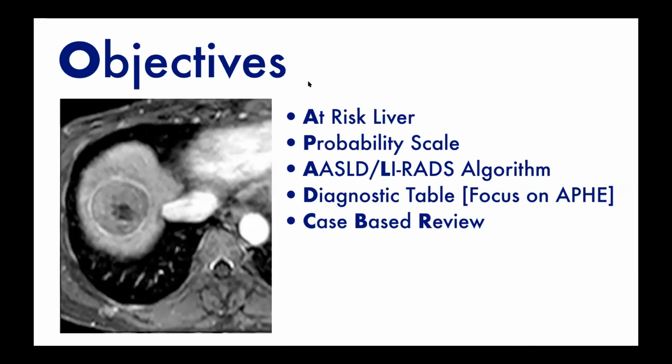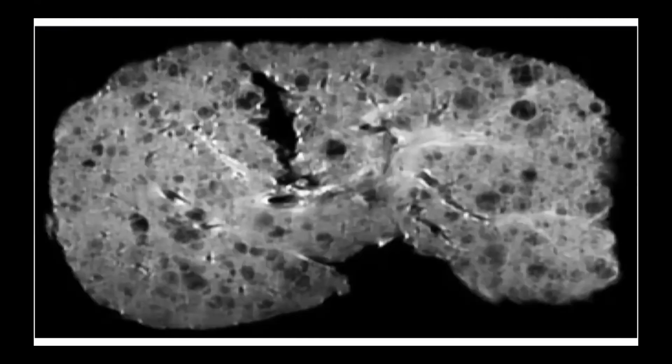You need to tweak the guidelines to how your institution works and collaborate with your clinicians and your MDTs. Then look at the AASLD LIRADS algorithm, focus on the diagnostic table, only on the arterial phase enhancement component. And of course, I'll run through a battery of cases to see how it works in clinical practice.